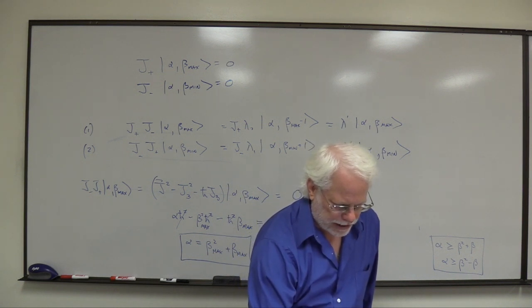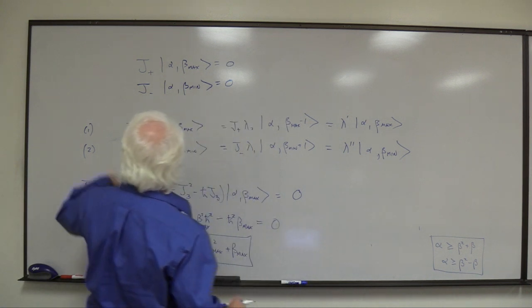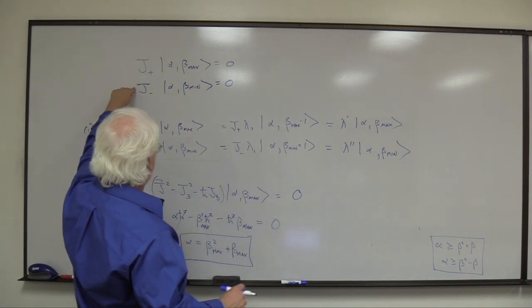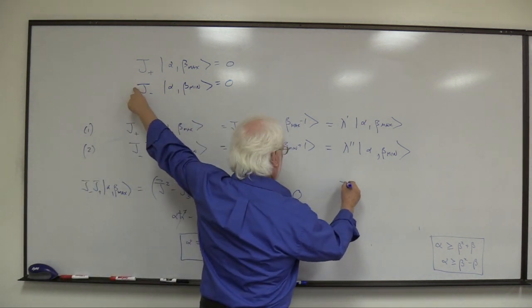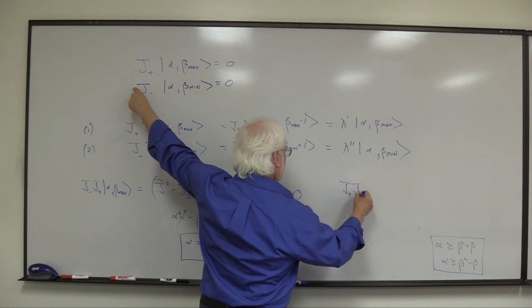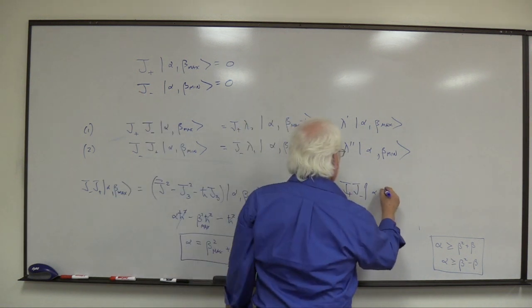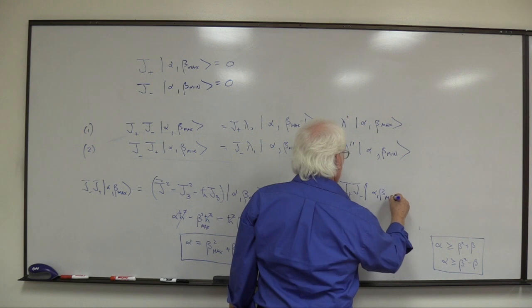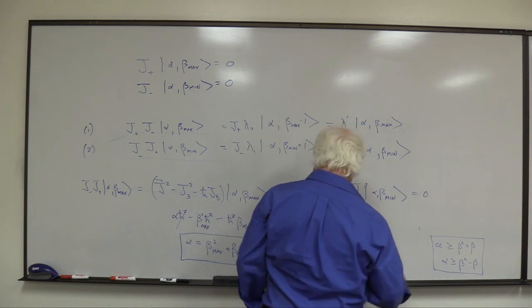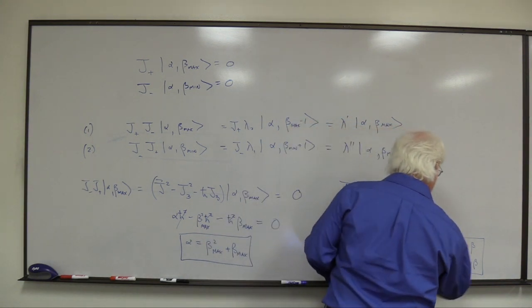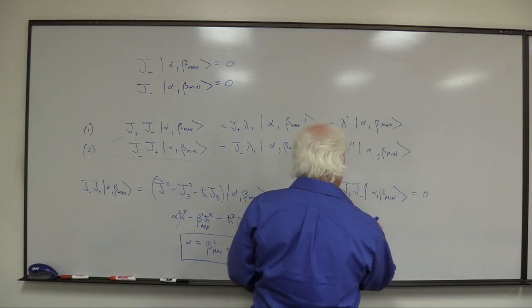And now let's do it for the other one. We also know that J plus acting on J minus acting on beta min has to be 0. And we have the same argument here.